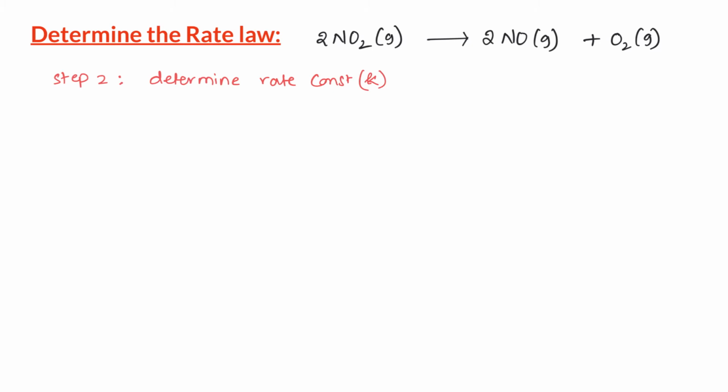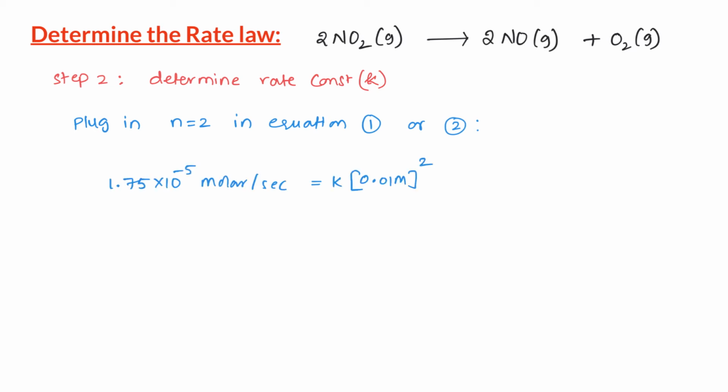Next, we need to calculate the rate constant. Let us plug the value of n into equation 1 or 2 and solve for k. Let me do that for equation 1. 1.75 times 10 to the minus 5 molar per second is equal to k times 0.01 molar squared.